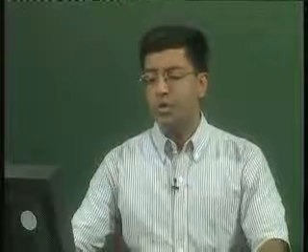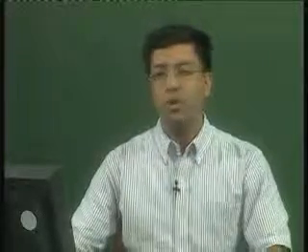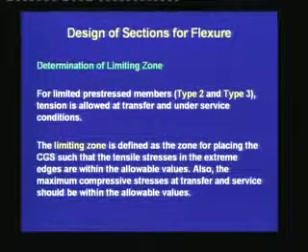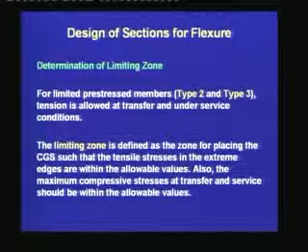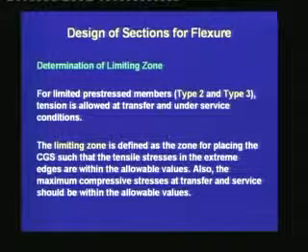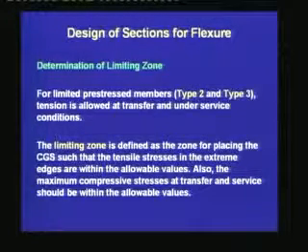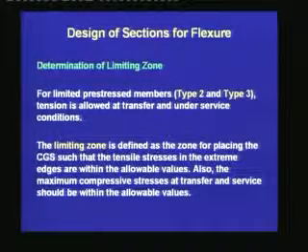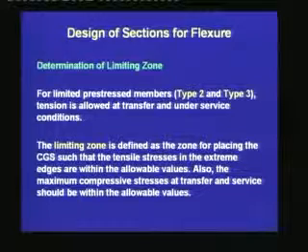The limiting zone is defined as the zone for placing the CGS such that the tensile stresses in the extreme edges are within the allowable values. Also, the maximum compressive stresses at transfer and service should be within the allowable values.